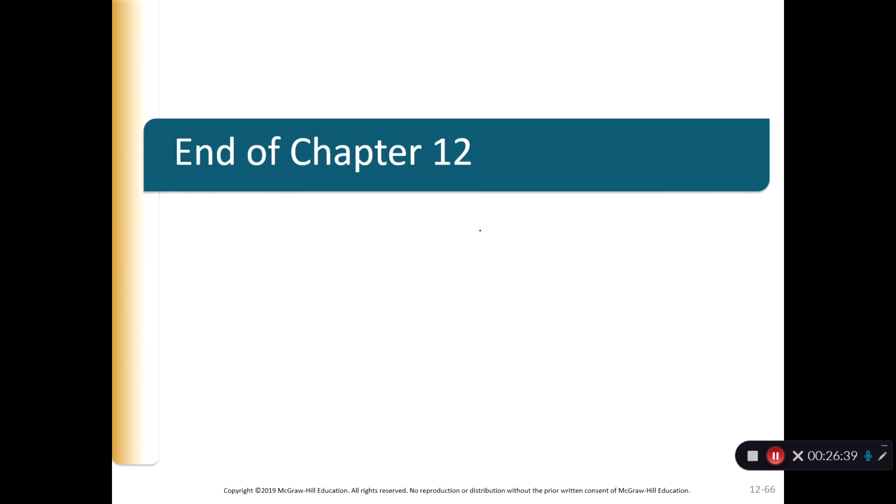Okay, so chapter 12 is the last chapter of this book, and it summarizes a lot of things for us. First of all, it shows us how to do horizontal and vertical analysis, right?